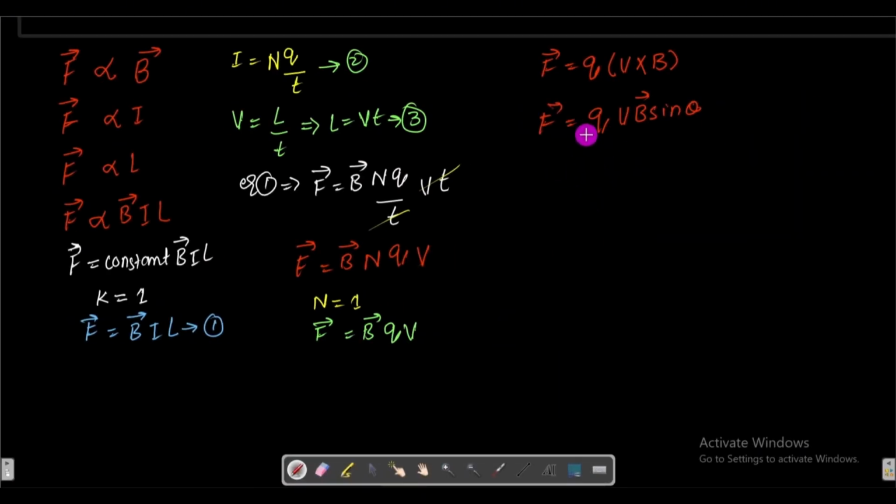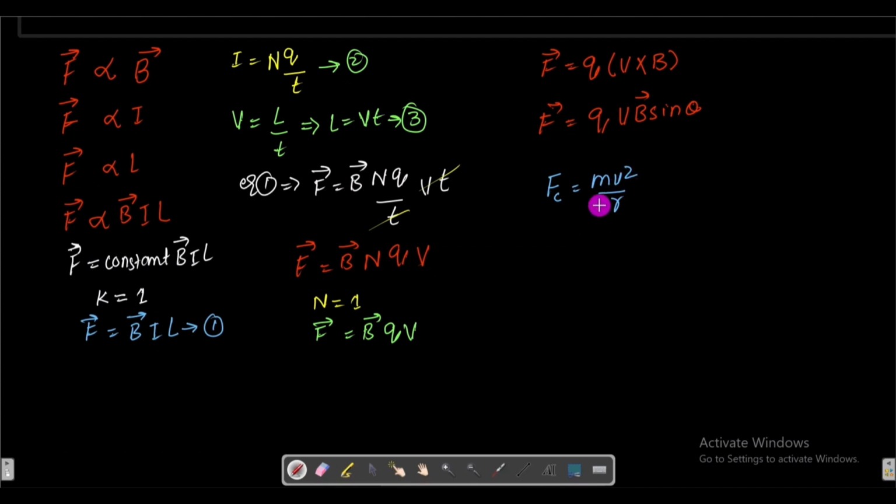As we saw in the previous simulation, when a charged particle moves inside an external magnetic field, it follows circular motion, and that circular motion is due to the force exerted on the free electron. For circular motion, the force is given by the centripetal force, which is equal to mv square by r.